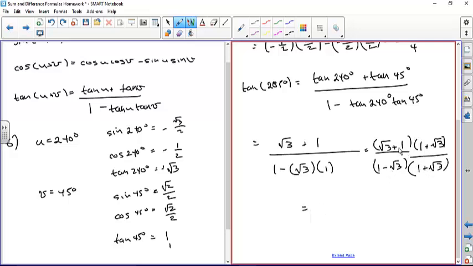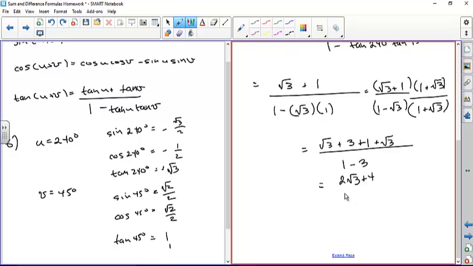So in the numerator we get the square root of 3 from the first, we get 3 from the outer, we get 1 from the inner, and we get the square root of 3 from last. And then we divide by 1 minus 3. So 1 times 1 is 1. The inner and outer cancel out. Square root of 3 times negative the square root of 3 is negative 3. So we'll get 2 times the square root of 3 plus 4, all divided by negative 2.